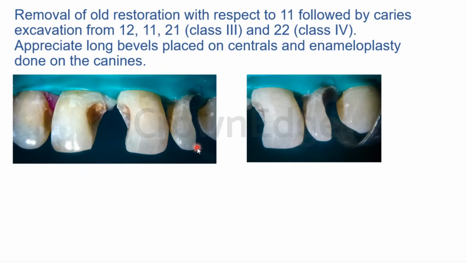So the canines were also selectively etched. That is, only on those mesial sides we etched those areas in order to cover the surface stains and the defects. So there was just a little bit of enameloplasty which was done on the canines, but a slot preparation on 1 2 over here. So all those areas, the enamel and dentine were etched, right?